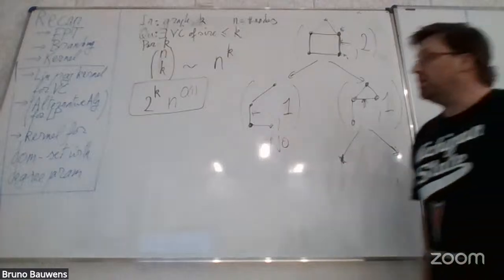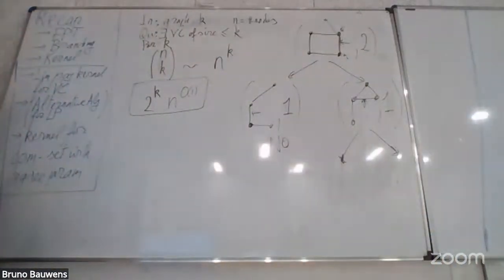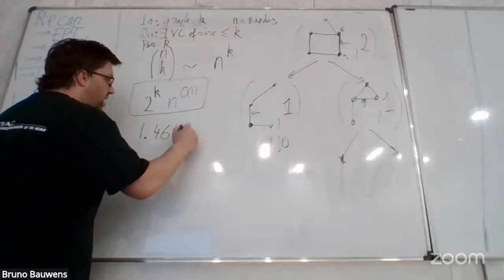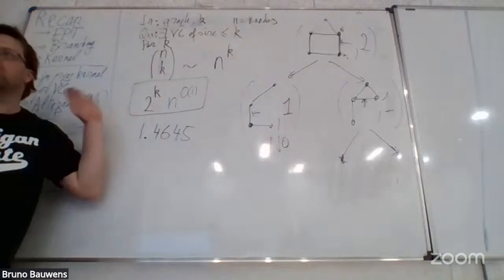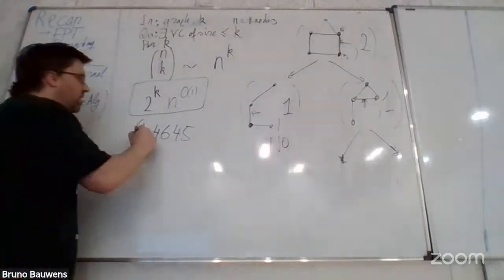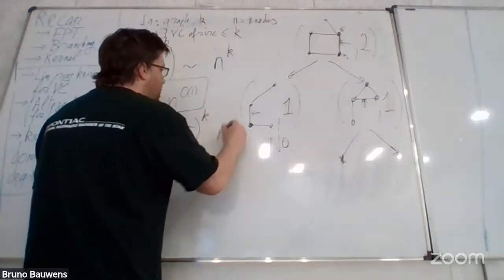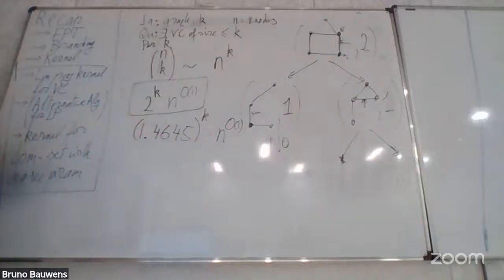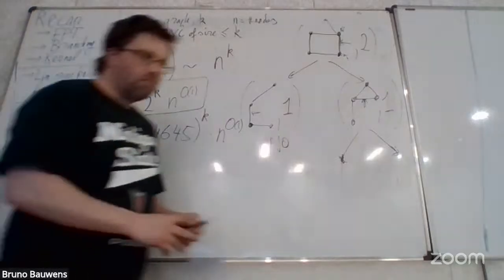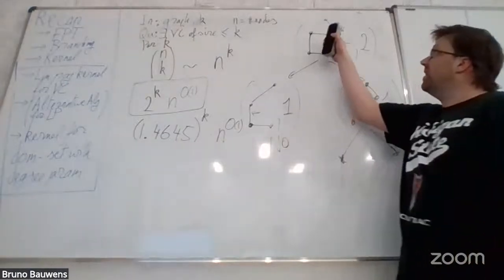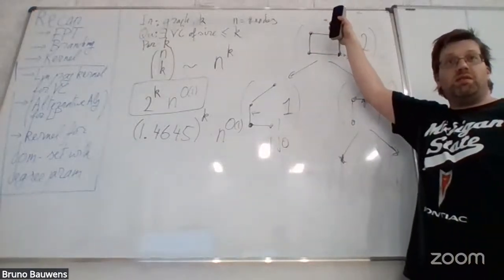But then in December, we said that there was a better algorithm, 1.4645, I forgot the exact digits, it doesn't matter. So something very close to this, to the power k times n to the power of 1. And so there was the idea to have more branches. So what is the idea now? Instead of looking at edges, let's look at the nodes.